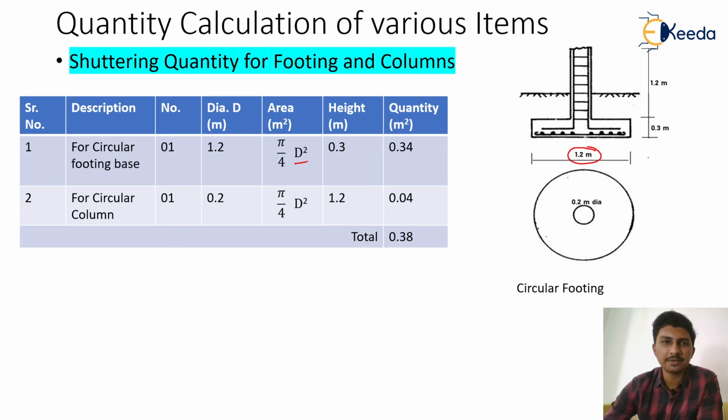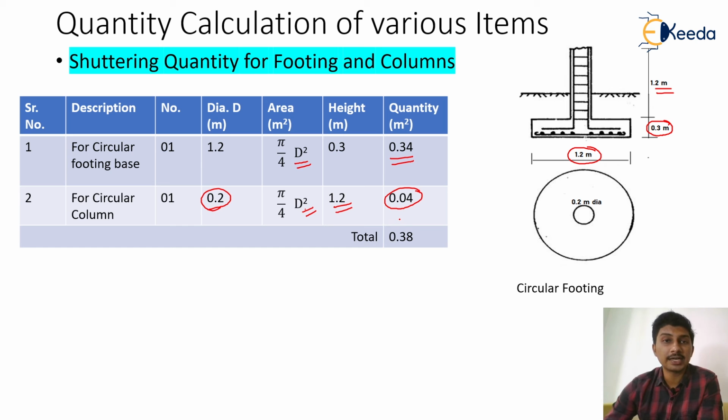So d is the diameter over here, so pi by 4 into 1.2 square, into the height of the footing, which is given to be the same as the previous one, that is 0.3. The value comes out to be 0.34. Then for the circular column, the value of diameter is 0.2, which I put over here. The total height is 1.2 meters as provided here. The value comes out to be 0.04 meter square.